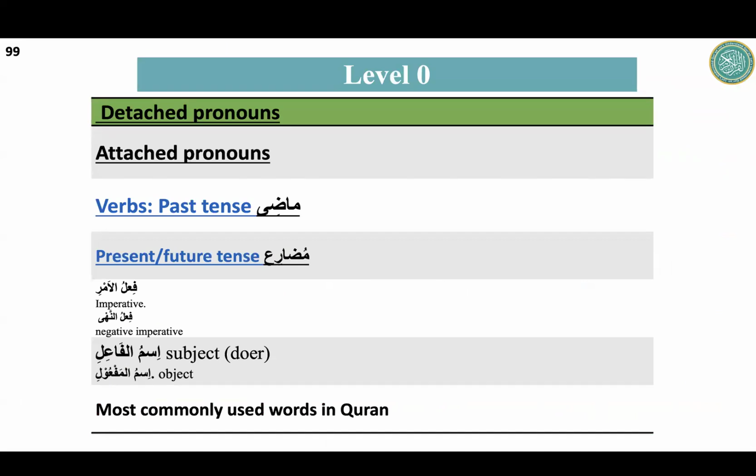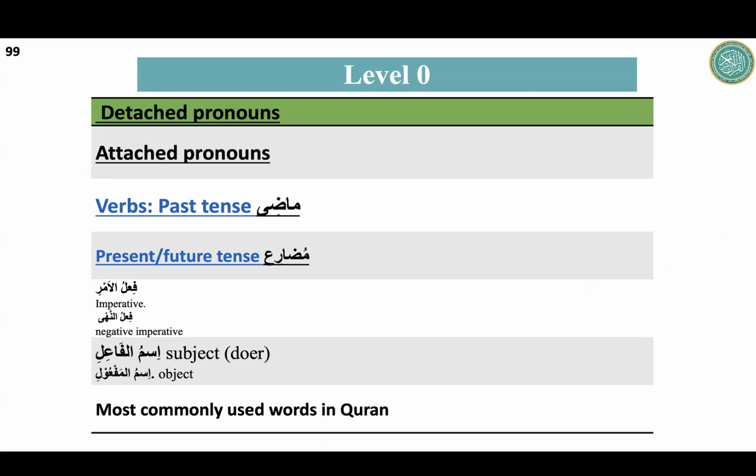And to review what we have achieved: we started with detached pronouns, attached pronouns, then we studied madi, the past tense; mudare, present and future; fi'l amr, imperative; fi'l nahi, negative imperative; ismul fa'il, subject, doer; ismul maf'ul, object; and then the most commonly used words in the Quran.